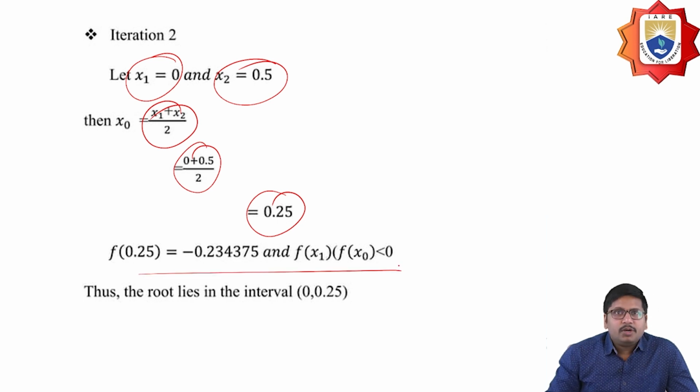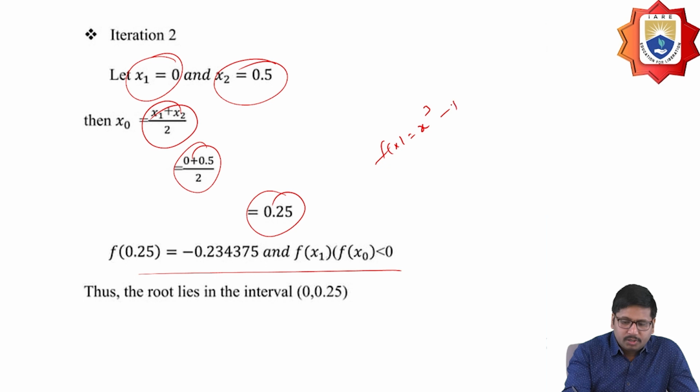So f of 0.25, by substituting in f of x equals x cube minus 5x plus 1, is 0.25 whole cube minus 5 into 0.25. Then I get minus 0.234375. So this is the value.